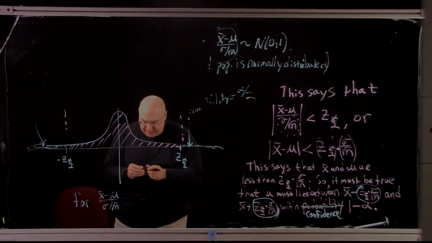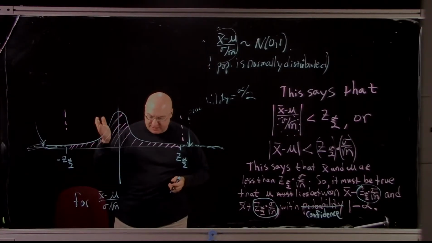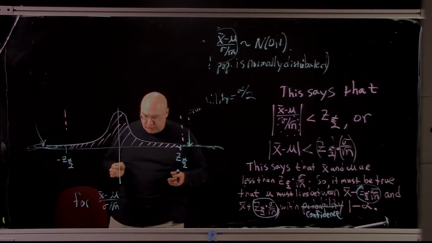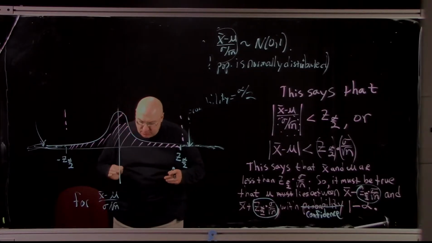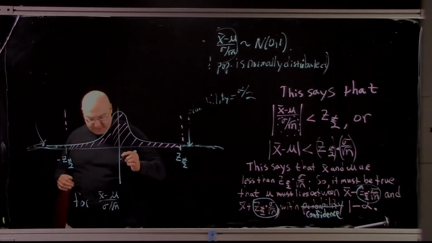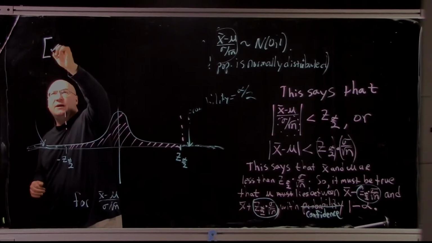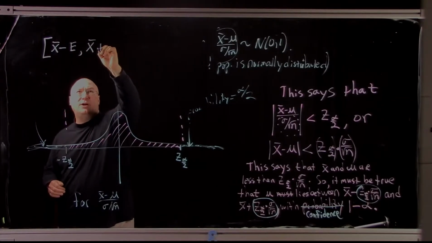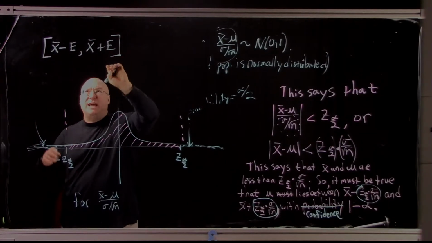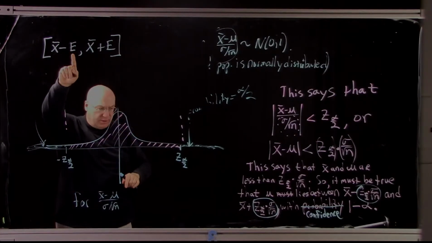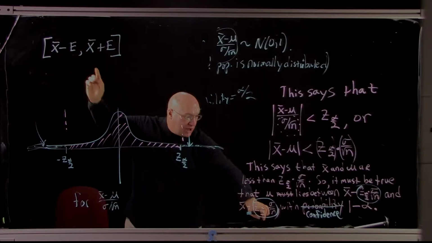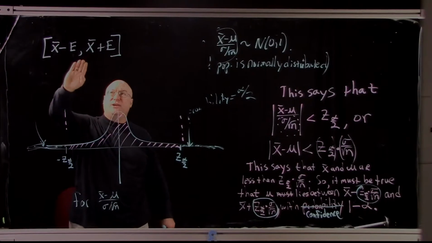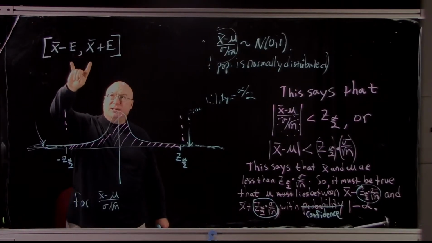Given alpha, which we usually think of as a significance level in hypothesis testing, a 100(1 minus alpha)% confidence interval for the mean mu of a population is ⟨x bar minus E, x bar plus E⟩, where I use these angled brackets. And E, remember, is this value right here. So I'm talking about x bar minus it and x bar plus it, and I'm saying mu is between those two values. This is interval notation.